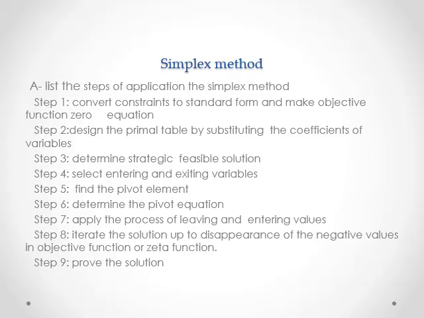For example, the first constraint is 2x1 plus 3x2 plus s1 equal 40. That means 2 is the coefficient of x1, 3 is the coefficient of x2, and 1 is the coefficient of s1, and the solution equal 40. Later on it will be easy to understand.